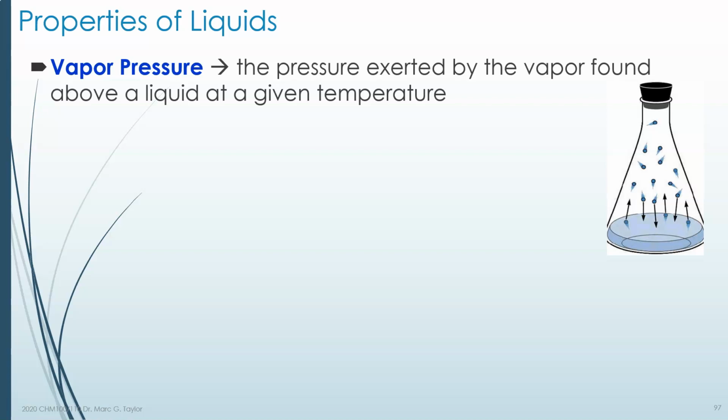The effects of IMFs. There are multiple properties of molecular compounds that are really dependent on how strong the intermolecular forces are. Two of them on this slide are vapor pressure and boiling point, and they're together here because they're very closely related. The vapor pressure is the amount of pressure from a liquid that's producing vapors.